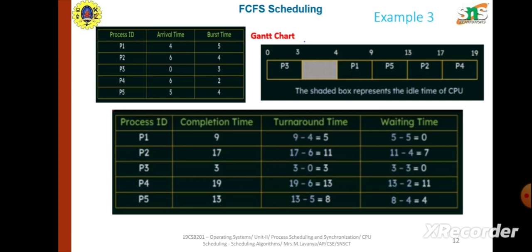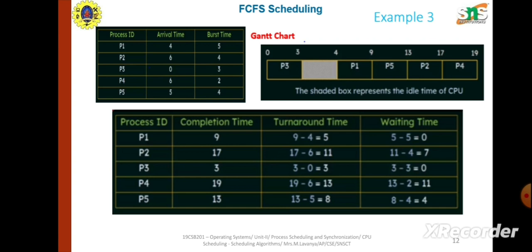Then for process P2, its completion time is 17, minus its arrival time 6. So the value is 11 milliseconds, the turnaround time for process P2. Then for process P3, its completion time is 3 minus its arrival time 0. So the turnaround time for process P3 is 3.